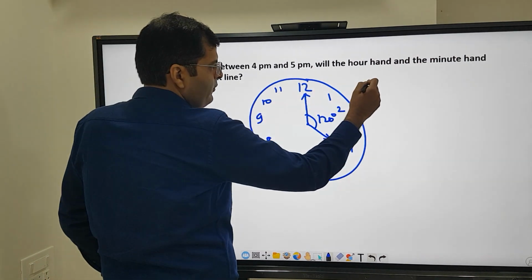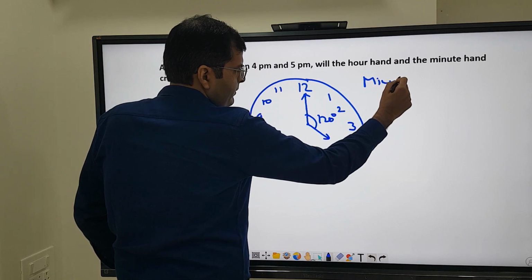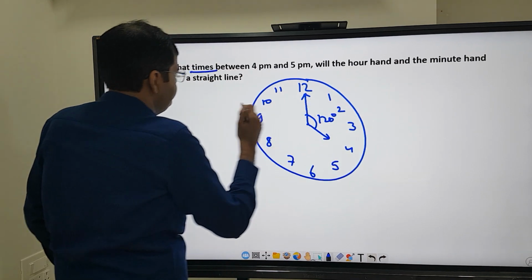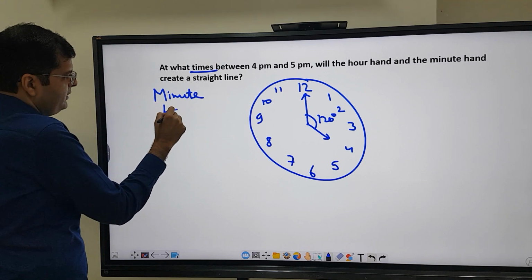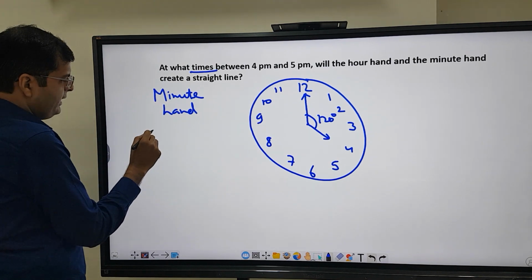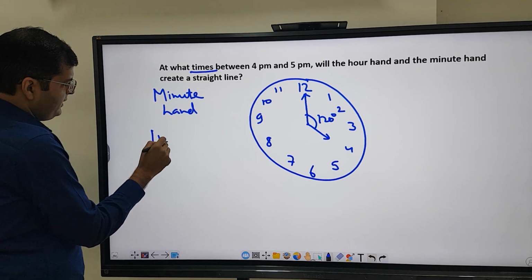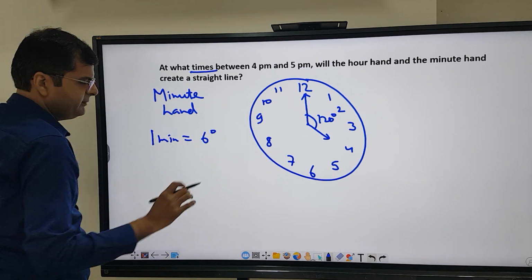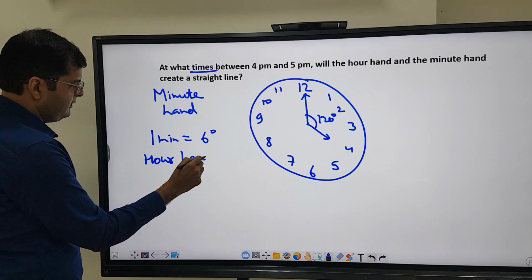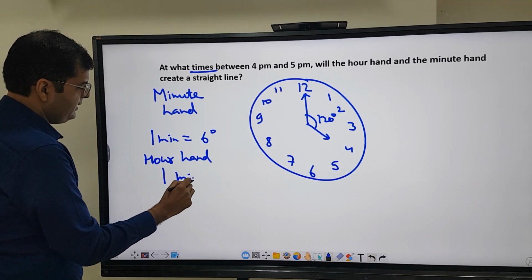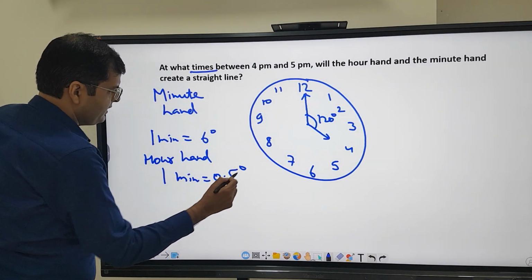Now if you look at it, for the minute hand, let me write it here. For the minute hand, in 1 minute, it covers 6 degree. And for the hour hand, in 1 minute, it covers 0.5 degree.